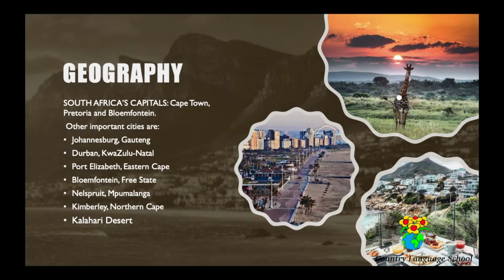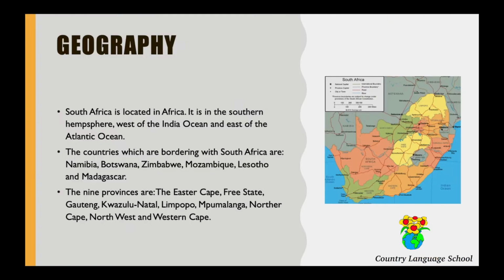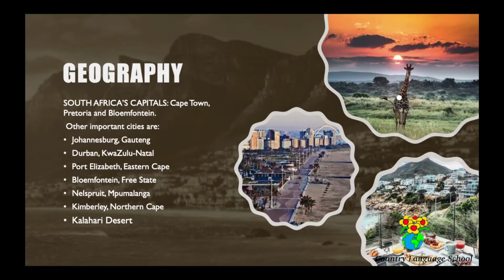But most of the bigger cities such as Cape Town, Durban, or Port Elizabeth are located near the coast in low-lying areas. So let me show you on the map. They are here. They're on these parts here: Cape Town, Durban, and Port Elizabeth.